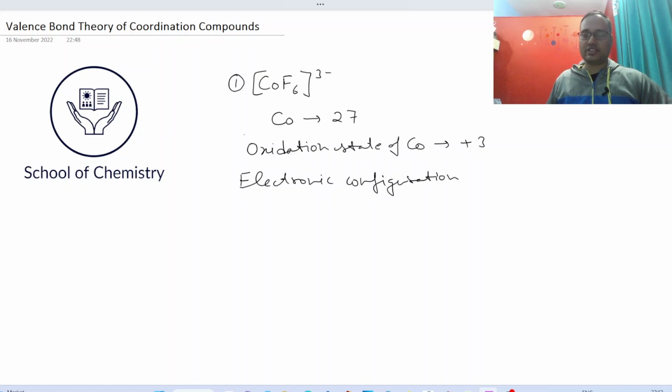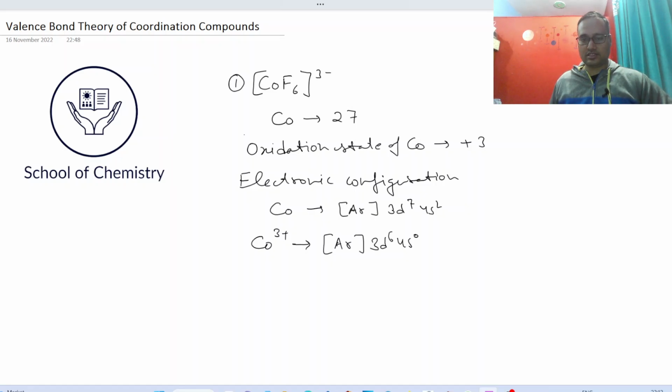So normal electronic configuration of cobalt is argon 3d7 4s2. Fine, and we have cobalt 3 plus. So for cobalt 3 plus we can write argon 3d6 4s0.